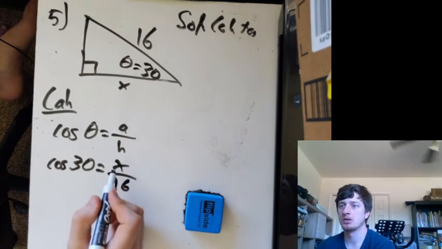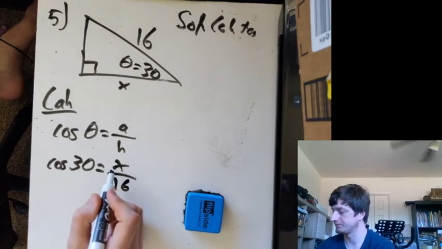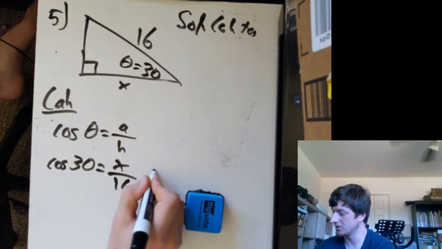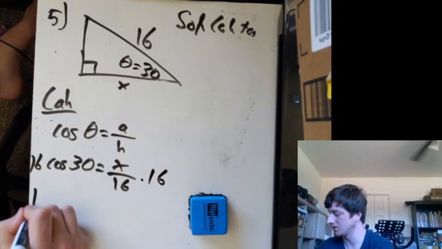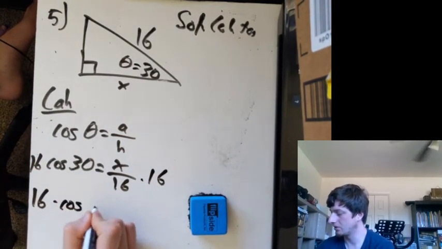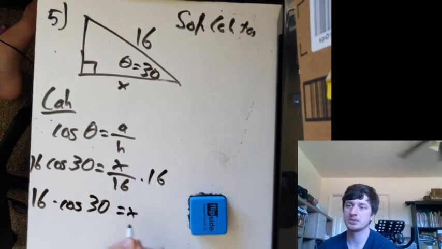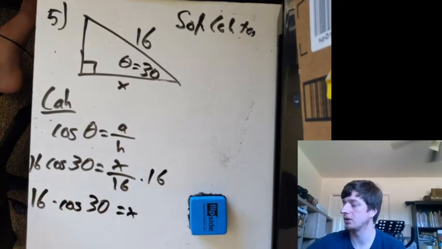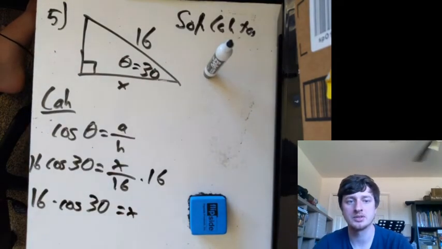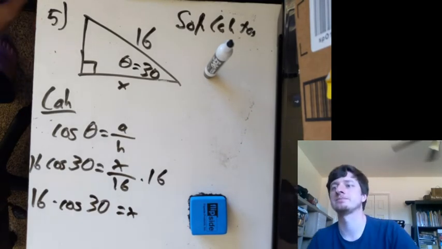So then, to solve that, you get x by itself. So multiply both sides by 16. So we get 16 cosine 30 is x, and we plug that into our calculator, and it gives us side length.